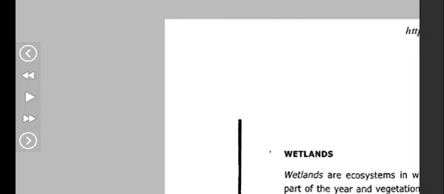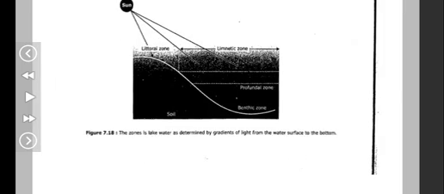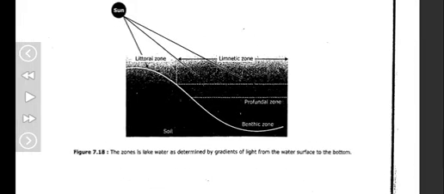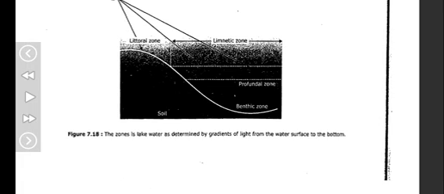Figure 7.18. The zones of lake water are determined by gradients of light from the water surface to the bottom.